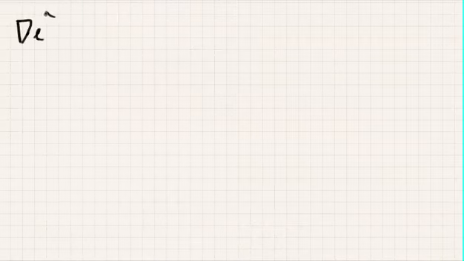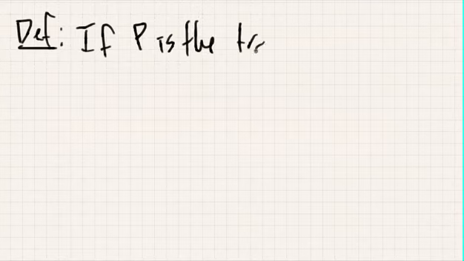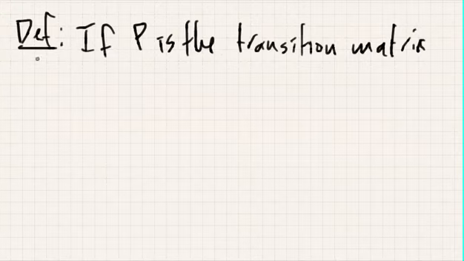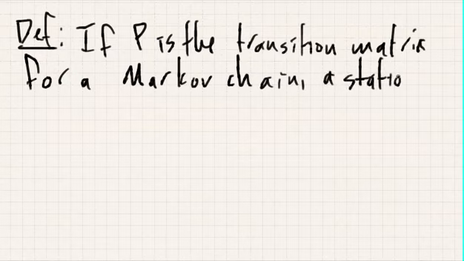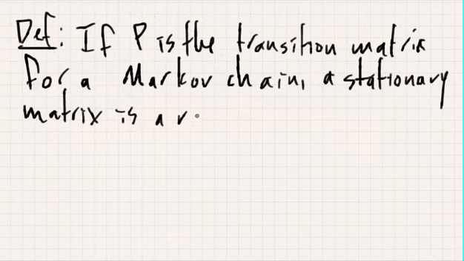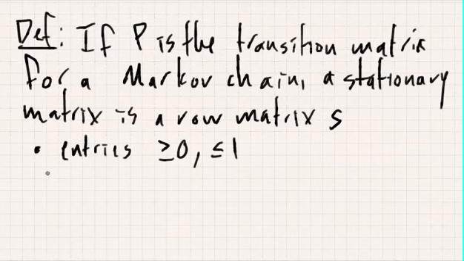Okay, so let me give the explicit definition. If P is the transition matrix for a Markov chain, a stationary matrix is a row matrix S which has entries that are greater than or equal to 0 but less than or equal to 1, and the sum of the entries is equal to 1.